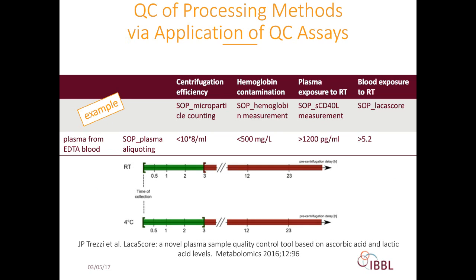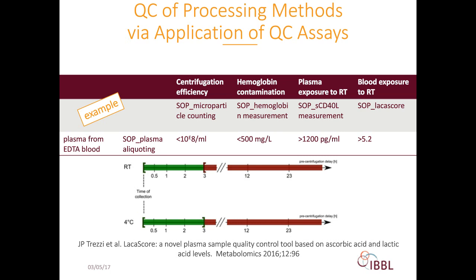We perform an impedance-based assay counting microparticles where the result should be lower than 10 to the 8 per ml, a hemoglobin measurement assay where the result should be lower than 500 milligram per liter, a soluble CD40 ligand measurement assay where the result should be higher than 1.2 nanogram per ml, and finally a LACA score enzymatic assay where the result should be higher than 5.2. The principle of this assay, the validation and the field of application of this LACA score assay can be found in the cited reference that you have here.